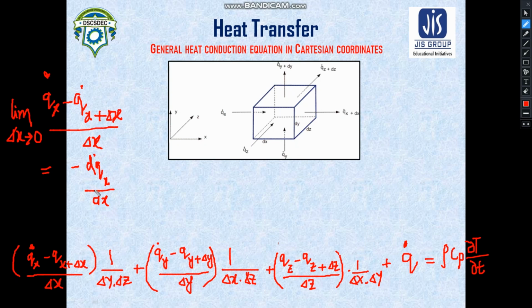Similarly, this quantity will be nothing but minus dq dot y with respect to dy, and this quantity would be similarly dqz, that means the heat transfer rate along the z direction with respect to the change in dz.